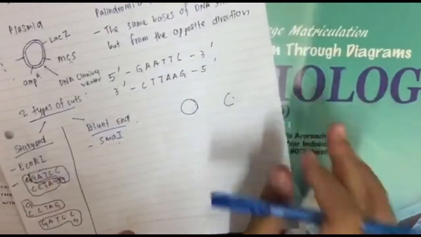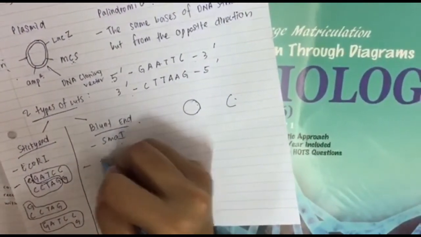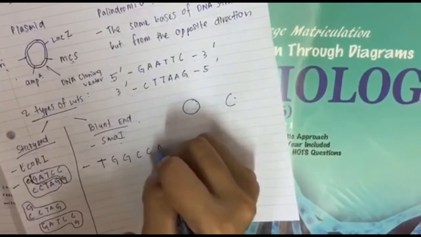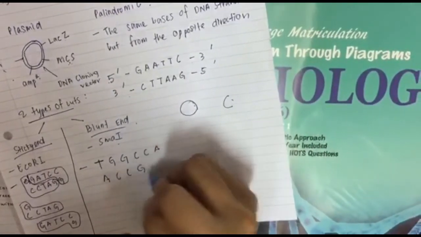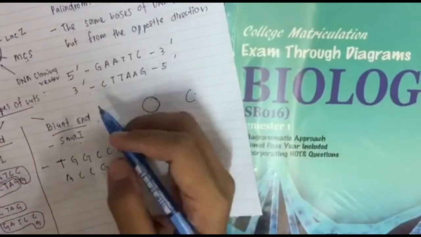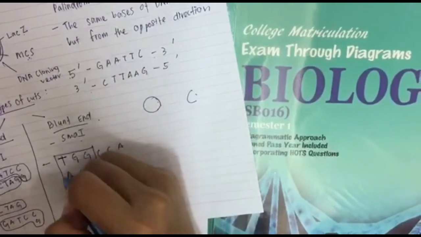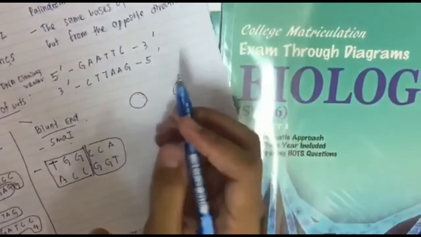And then for the blunt end, the DNA is TGGCCA, ACCGGT. For the blunt end, we will cut at the center. So like this.